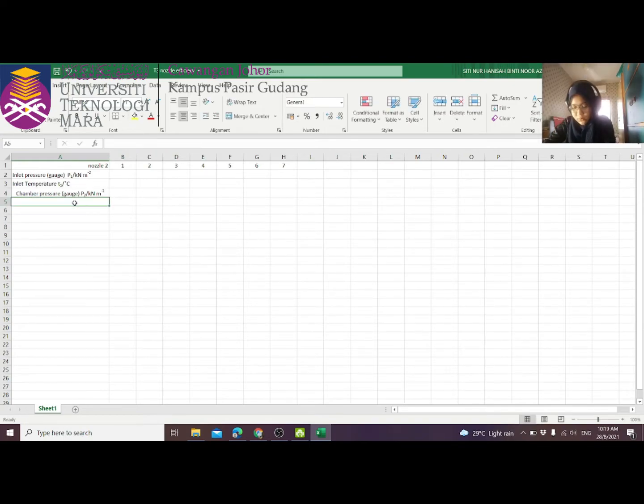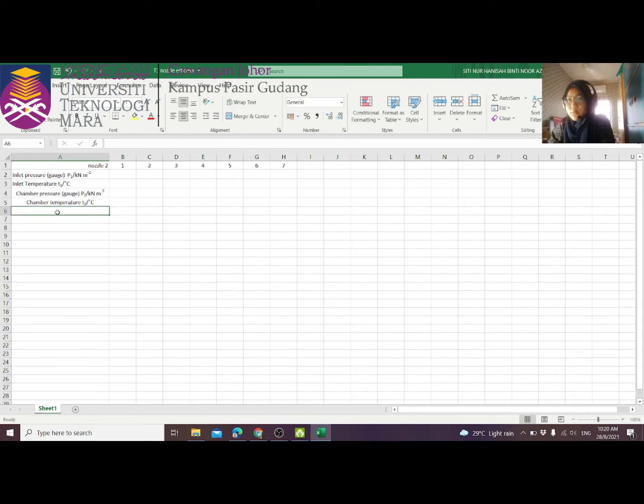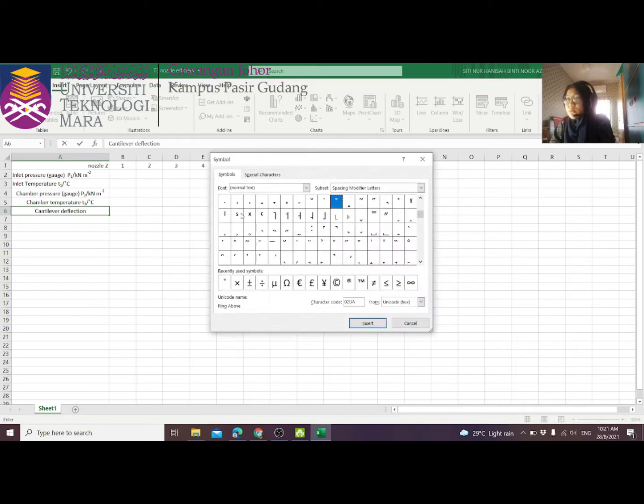After that, table temperature T. Copy T2 and then cantilever deflection, insert symbol.